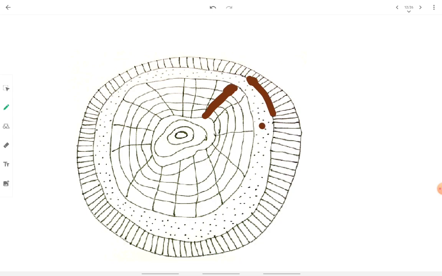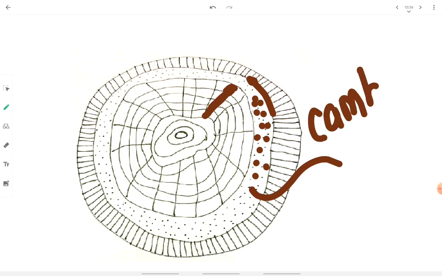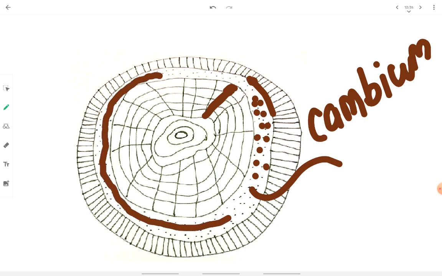Now they are talking about this pointed dotted layer, and this layer is called the cambium layer. Remember the name? Cambium. The dotted portion which is shown between the sapwood and the bark of the tree, specifically the inner portion of the bark, is called what?